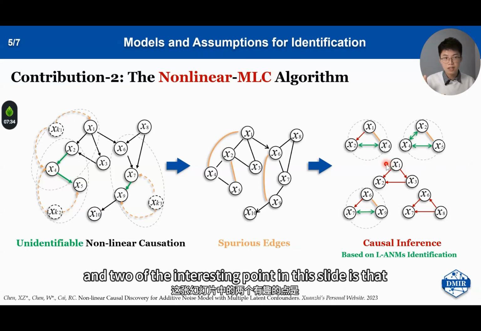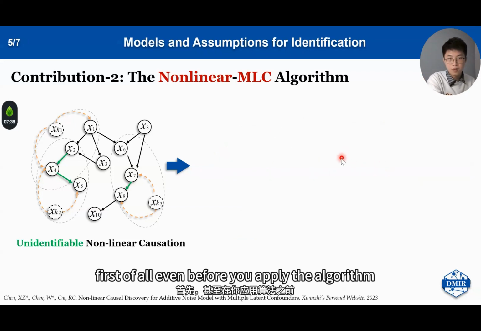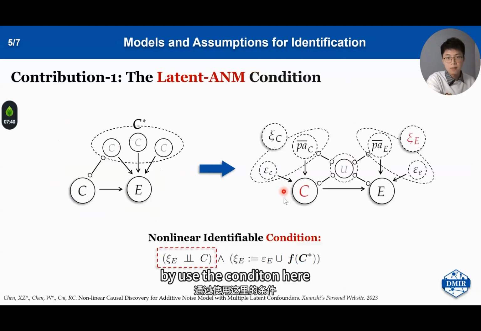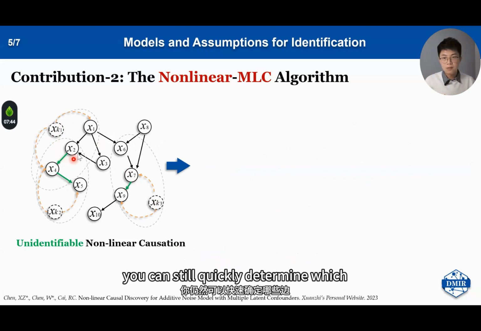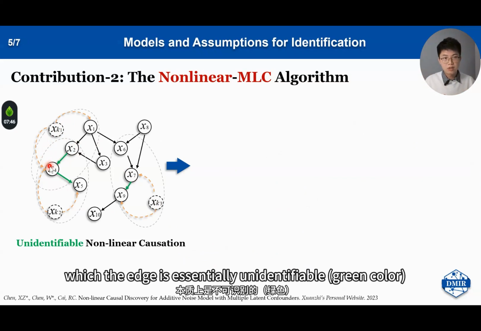And there are two interesting points in this line. First of all, even before you apply the algorithm, by using the condition here, you can quickly determine which edges are essentially unidentifiable.